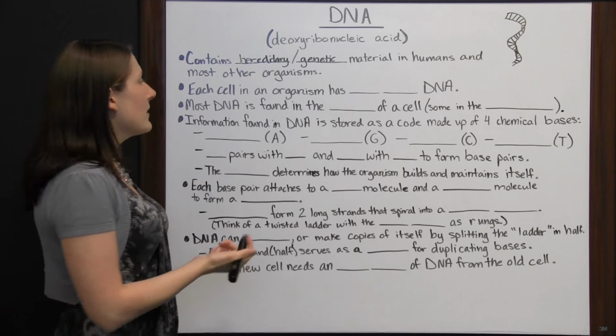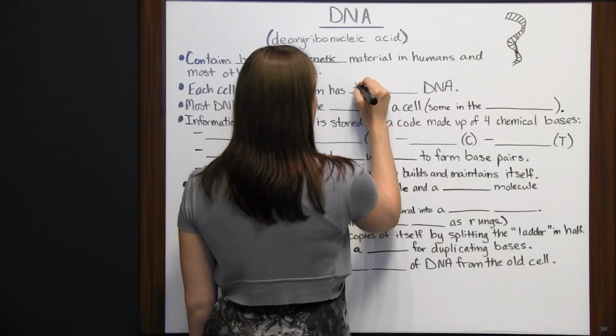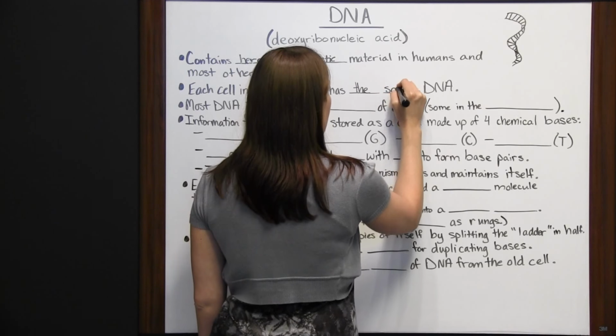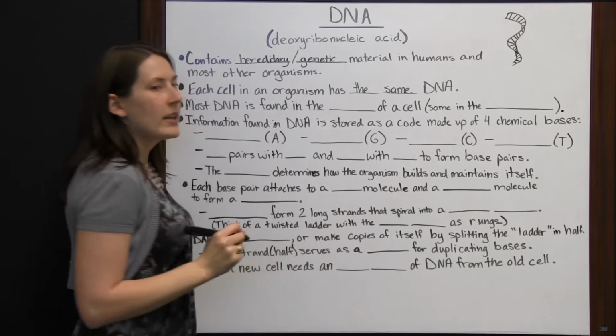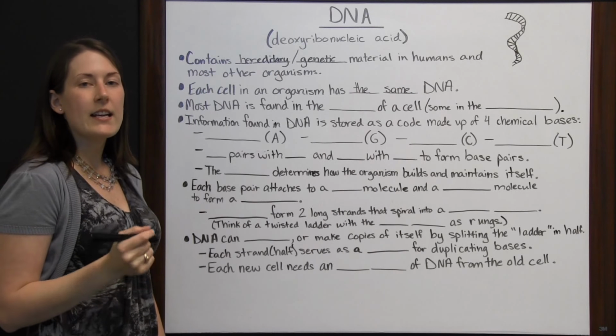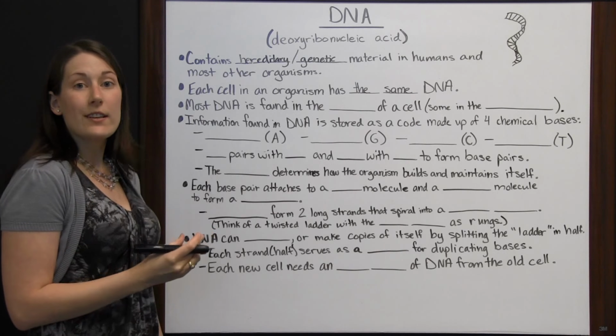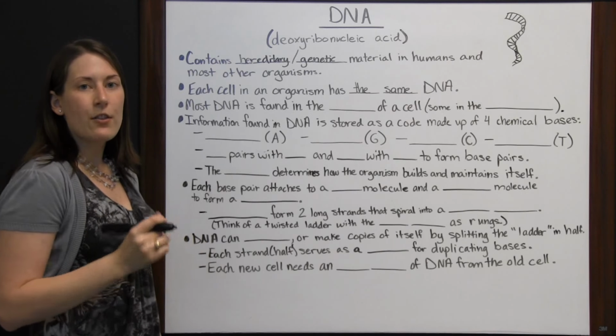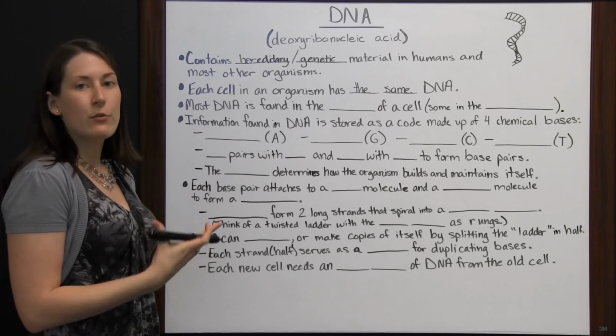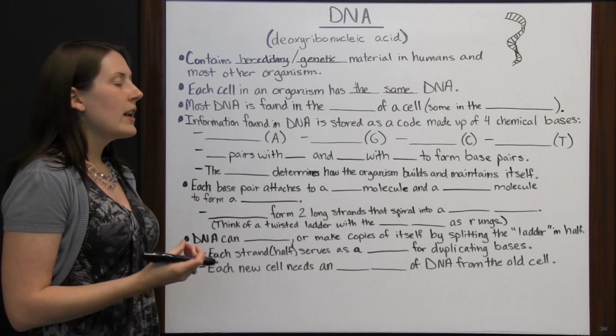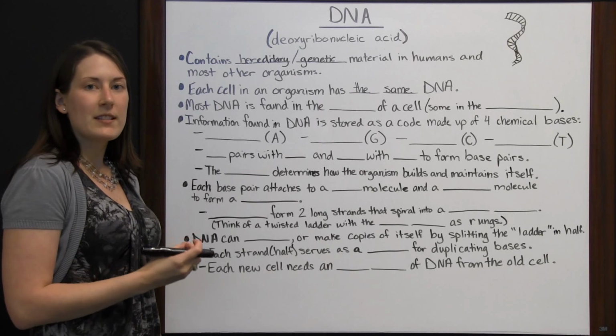Now each cell in an organism has the same DNA. So if someone were to get a piece of your hair and a fingernail and a piece of skin and look at it very closely, the DNA in all three would be the same, and it would let whoever was looking at this know that all three of those articles came from the same person.